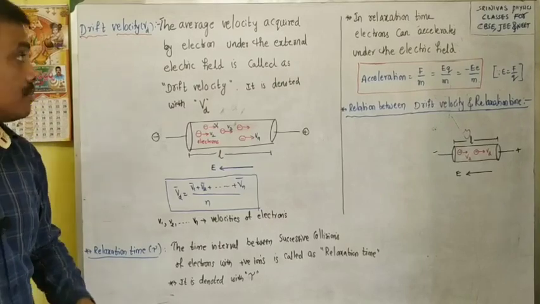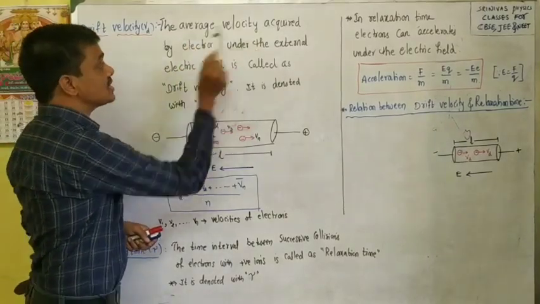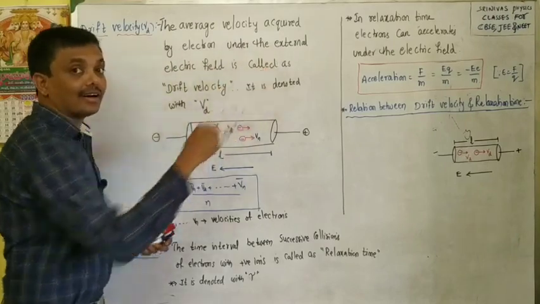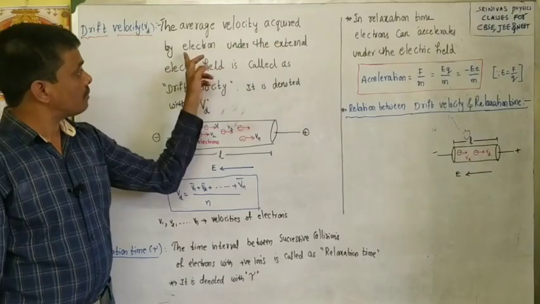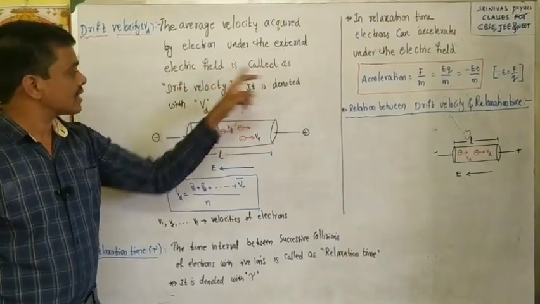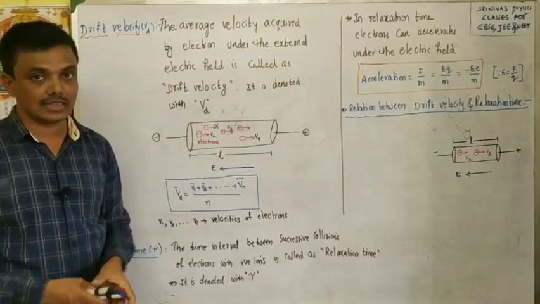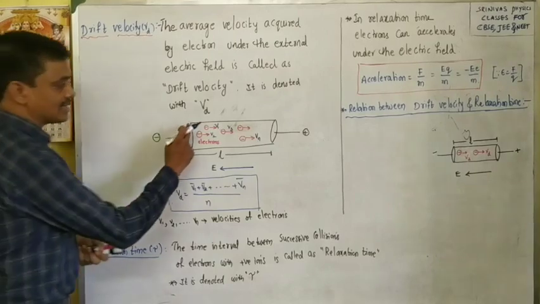The definition of drift velocity is the average velocity acquired by electrons under the external electric field. Let us take this is a conductor.